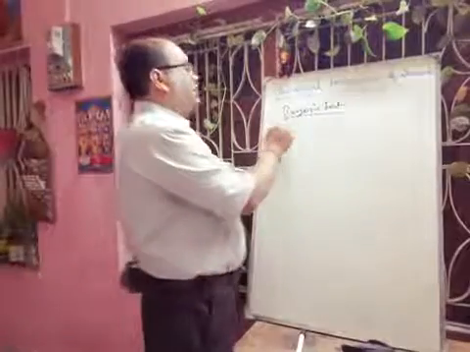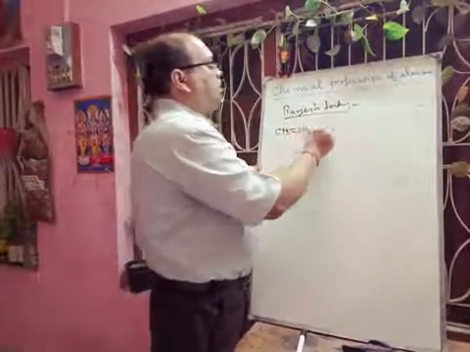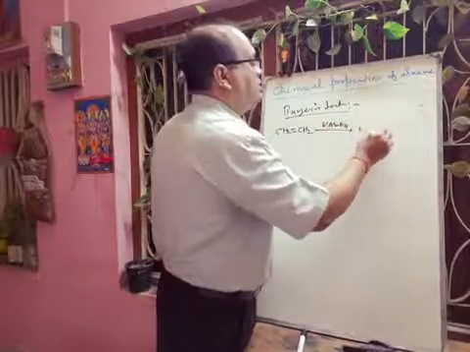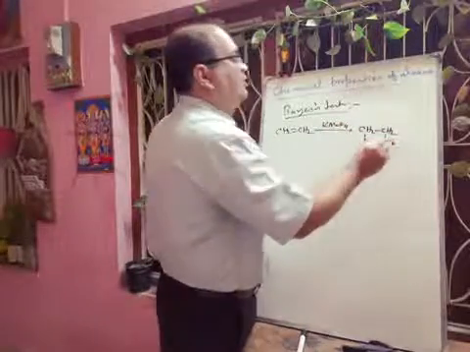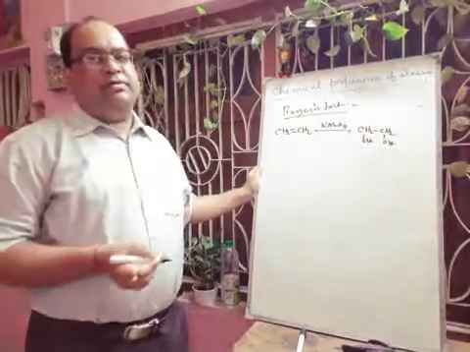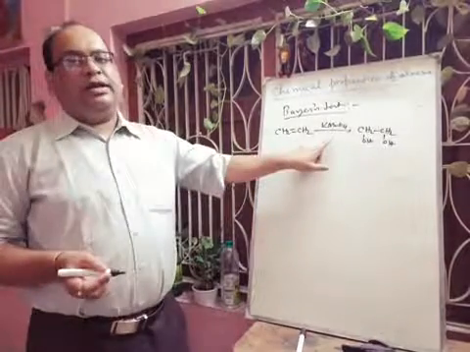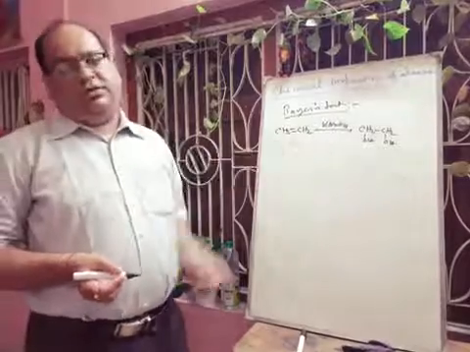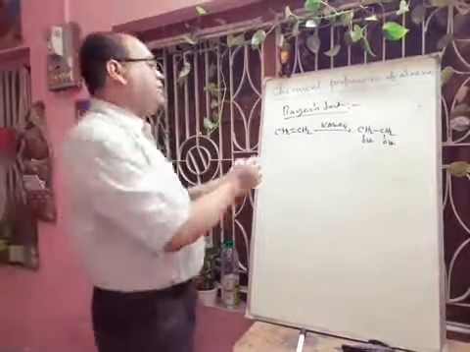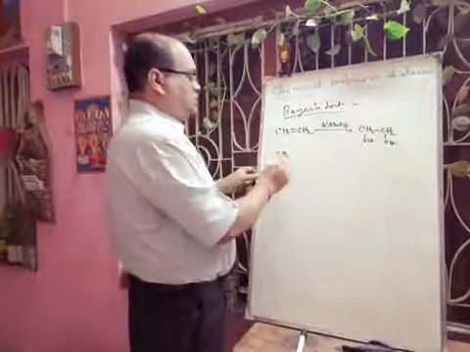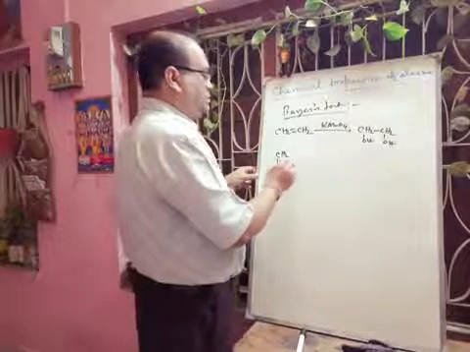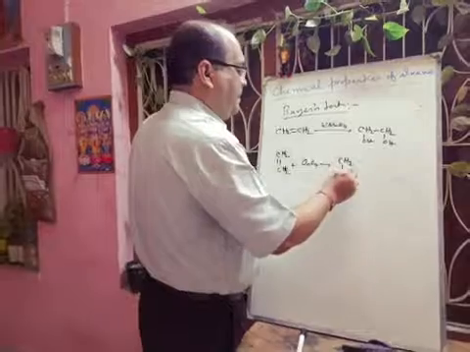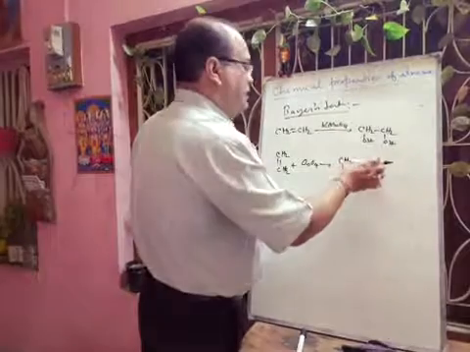So in case of ethylene, CH2 double bond CH2, whenever you add KMnO4, it will first form a diol, and MnO4 will be converted into MnO2, and there will be formation of KOH also. But if you take osmium tetroxide, OsO4, which is also an oxidizing agent, then there will be formation of an osmate ester.